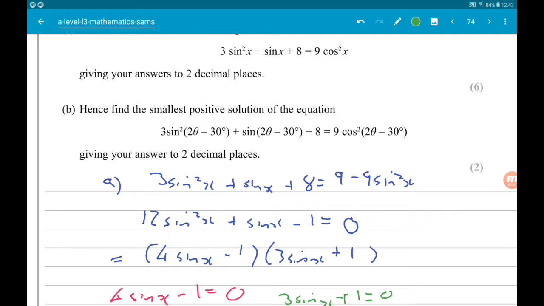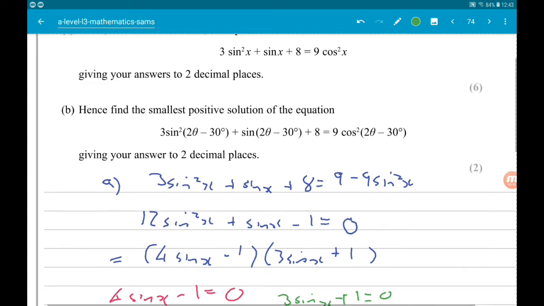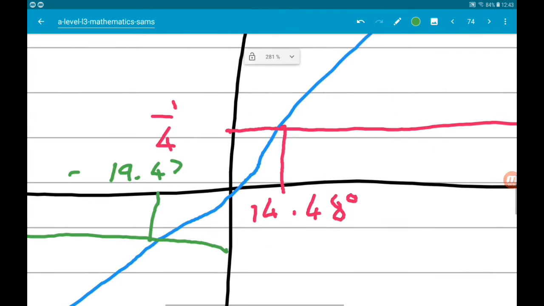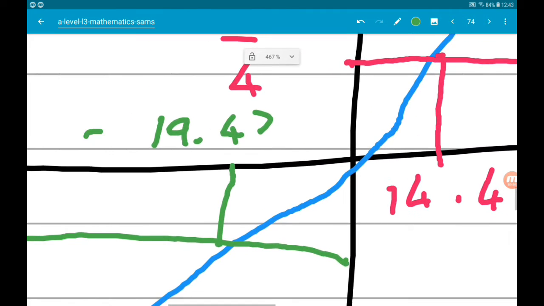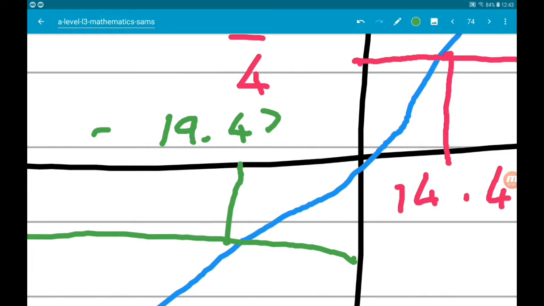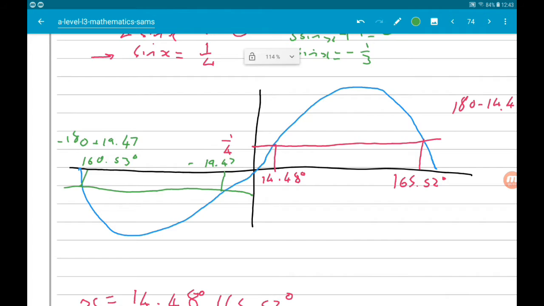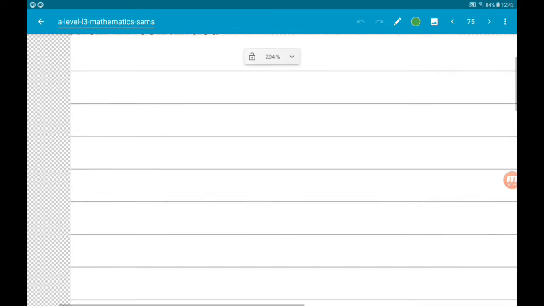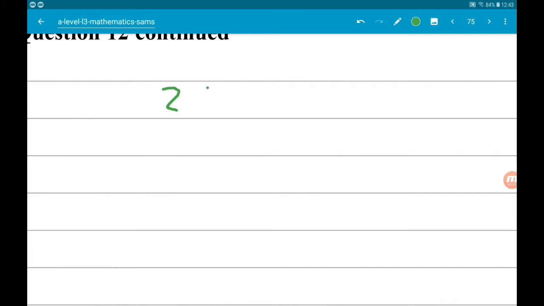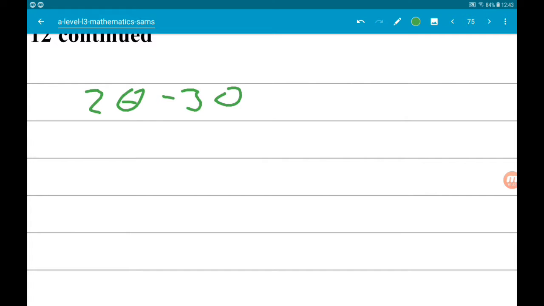So the smallest one that's going to be positive is this guy here. This is going to get stretched or squashed and translated 30 degrees to the right. So all that we need to do is set 2 theta minus 30 is equal to minus 19.47 and solve for theta.